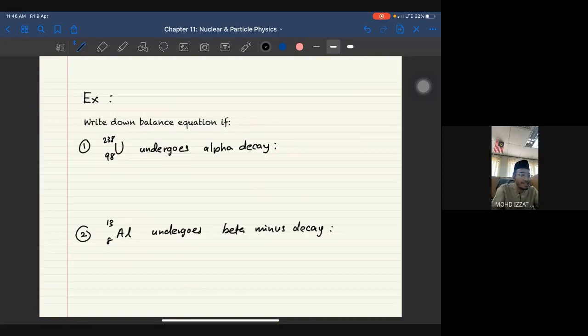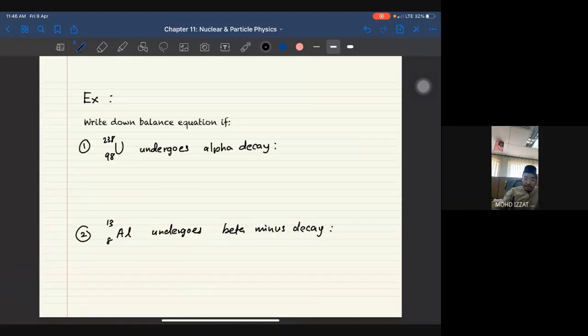Boleh buat ke tak ni? Ada tak Arif? Ada, sir. Lain tak okey Arif? Okay, sini. Tak ada seorang pun tunjuk saya. Okay, tak apalah, kita buat bersama-sama lah.